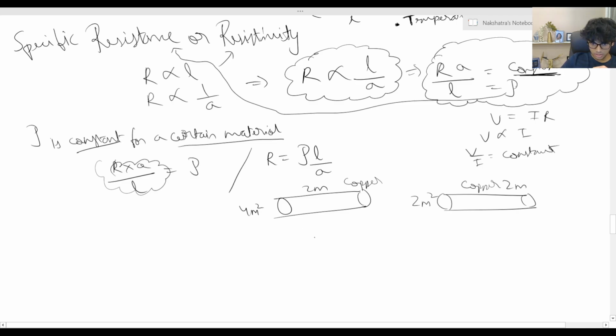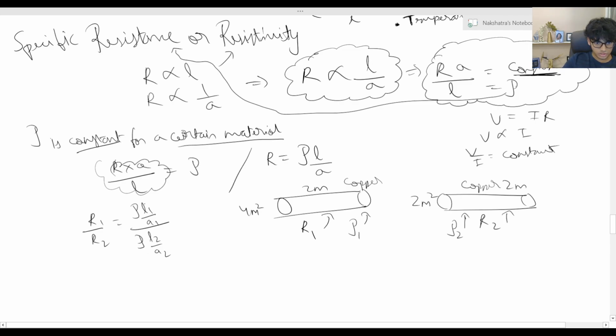Compare R1, which is the resistance of this, and R2, which is the resistance of this, and also compare rho 1, which is the specific resistance of this, and rho 2, which is the specific resistance of this. So now for R1 upon R2, you'll plug in the formula, है ना. R is equal to rho L by A, rho L1 by A1 upon rho L2 by A2.